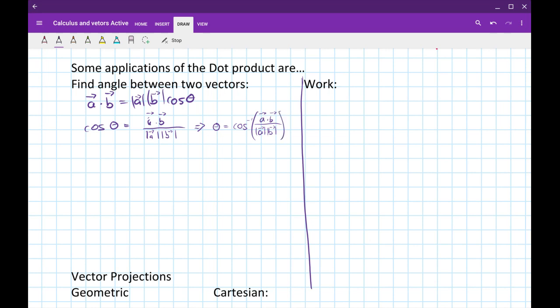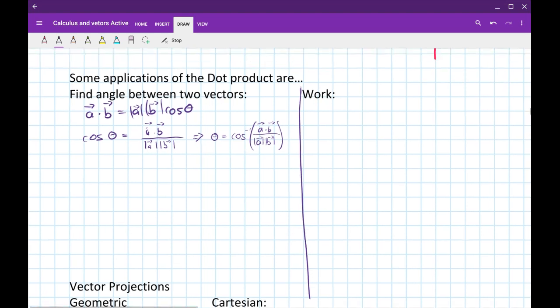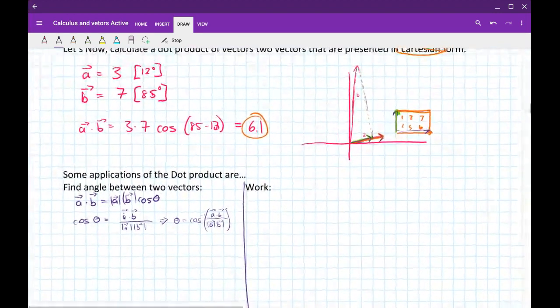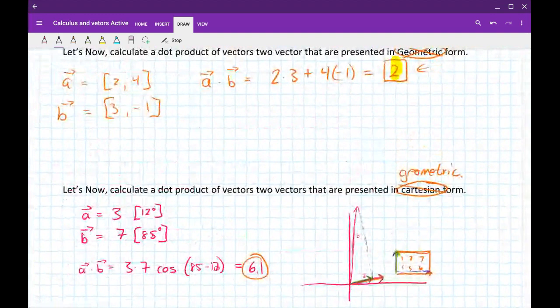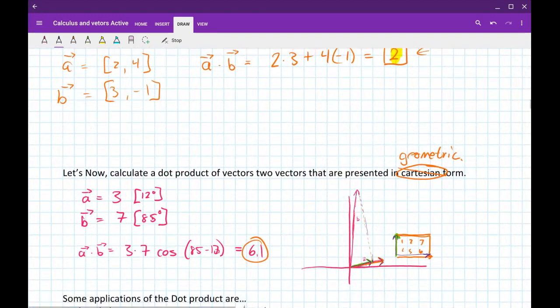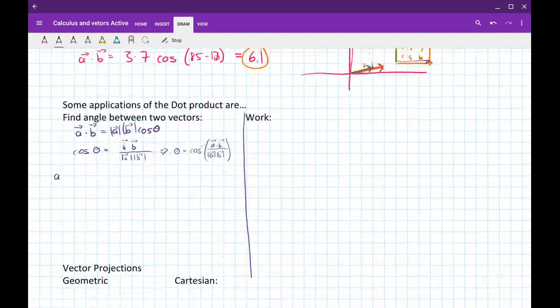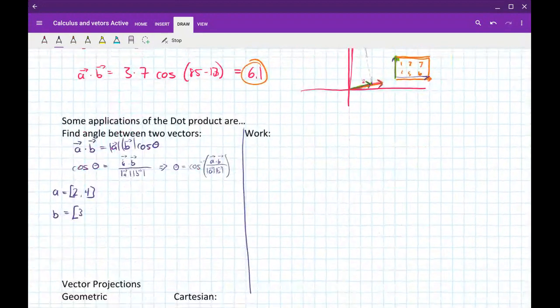And so just a quick example of that. Let's say I have two vectors, A and B. Let's say they are these ones up here: A is 2, 4, and B is 3, -1. If I want to find the angle between these two, I simply employ this new formula.